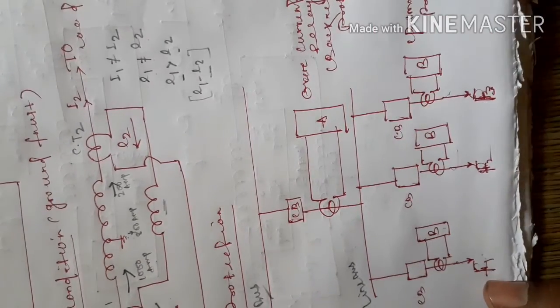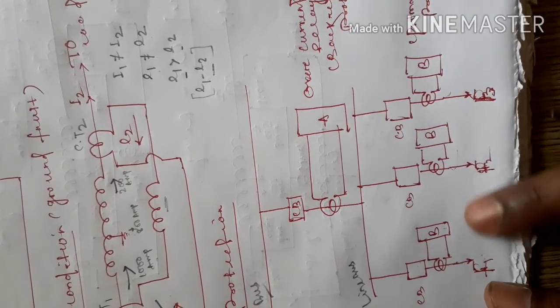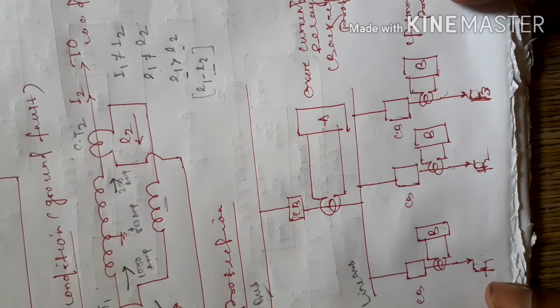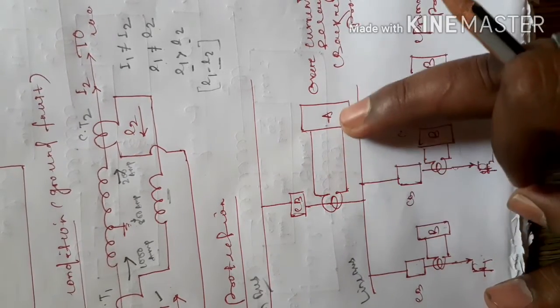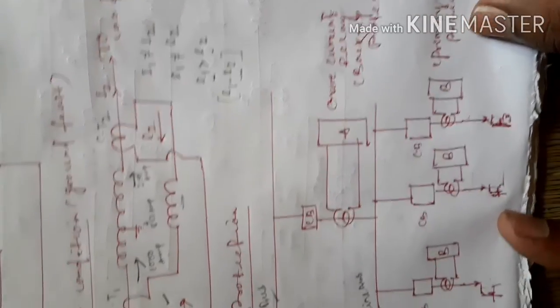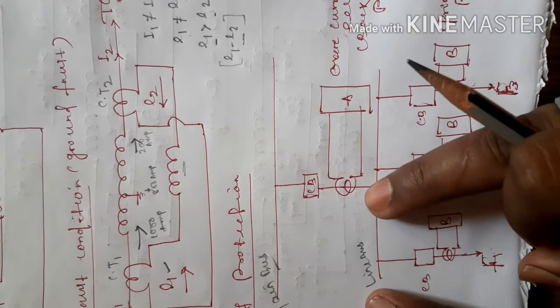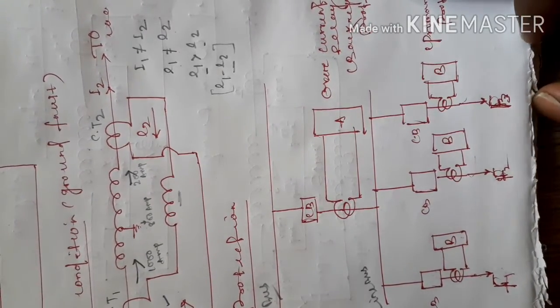Here the protection system or relay used in the feeder section is called the primary protection system, and the relay used between the line bus and the main bus is called the backup protection system.